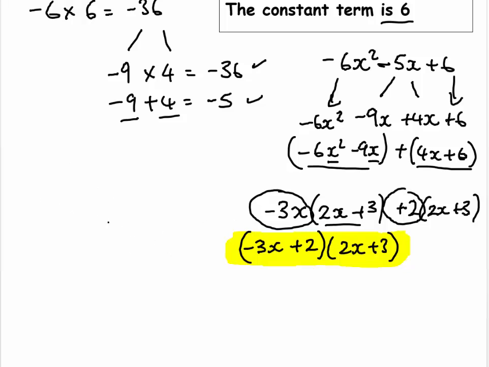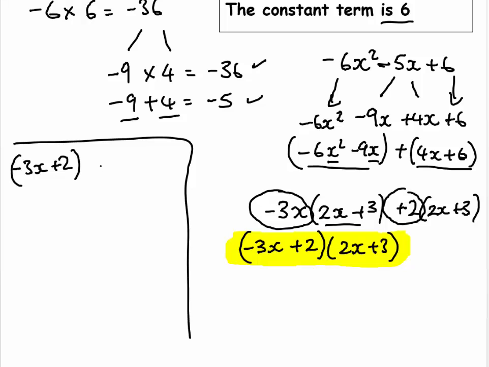So let's go ahead and expand this bracket out. So I'll rewrite it over here. So we've got minus 3x plus 2 inside of a bracket, and then we've got 2x plus 3. Minus 3x times 2x is minus 6x squared.